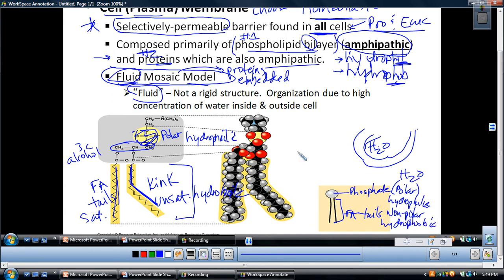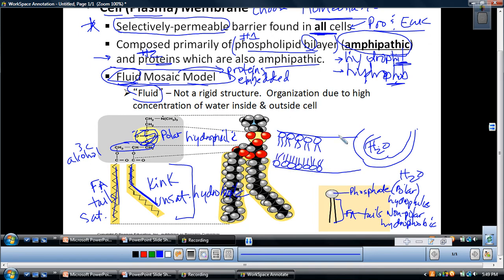Okay, so if we put these in a bilayer, let me just draw really quickly since my pen is cooperating with me. If I put them in a bilayer, I'm going to get fatty acid tails in the middle here, phosphate heads facing this way, and then on the bottom part, I'm going to have a row this way with fatty acid tails coming through.